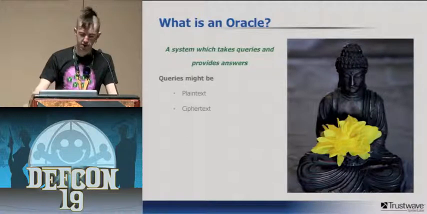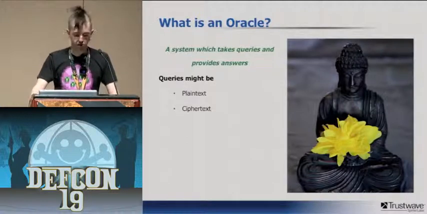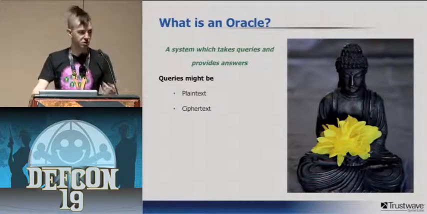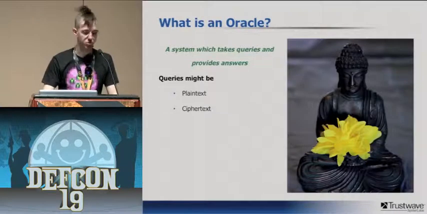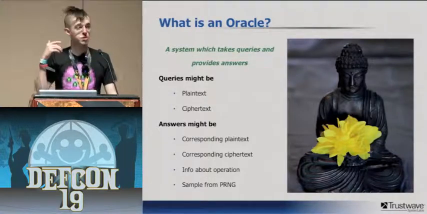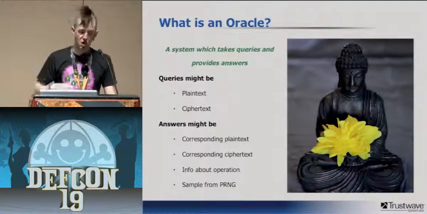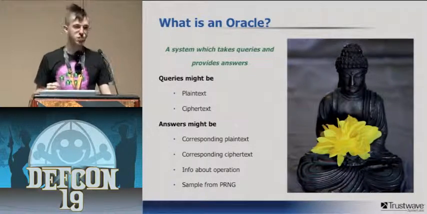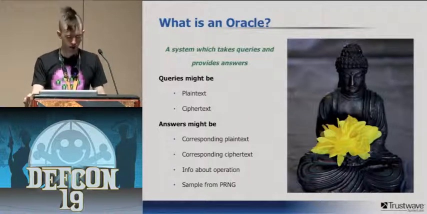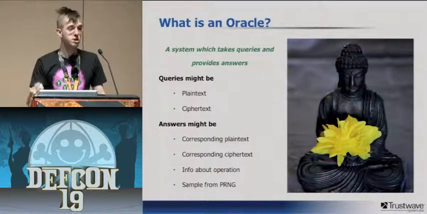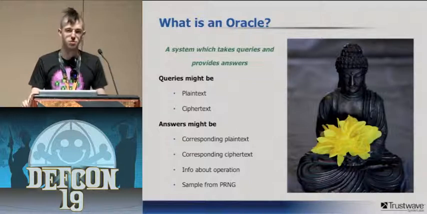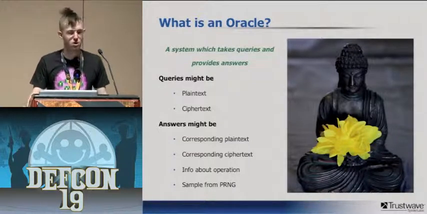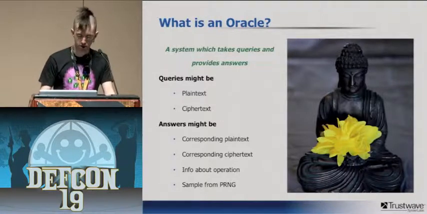In the sense of cryptography, we're talking about taking in plain text or ciphertext and then usually encrypting or decrypting and leaking something about that operation, whether that's the corresponding plain text to an input ciphertext, the ciphertext to an input plain text, info about the operation, maybe success or failure, or maybe just a sample from a pseudo-random number generator or a random number generator, which is referred to as a random oracle. We're not really talking about that, but thought I'd mention it.